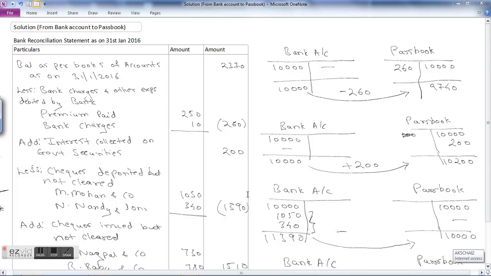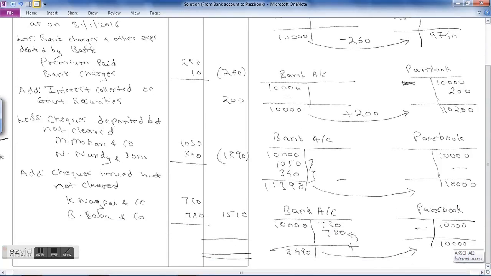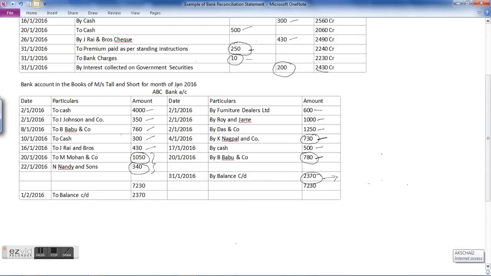So 2370 minus 260 plus 200 minus 1390 plus 1510. Okay, so if we add and subtract all these numbers, the balance which we get is 2430. Okay, this is balance as per passbook.